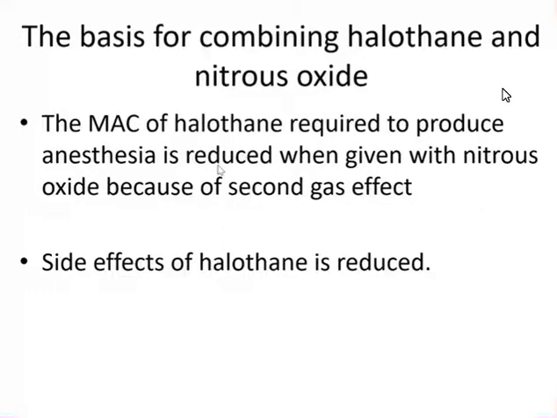When you combine two drugs together, so that they offset each other's advantages and disadvantages, it is called a second gas effect, because you are using two gases together to make sure the other gas has the same advantage of rapid onset of action as nitrous oxide.